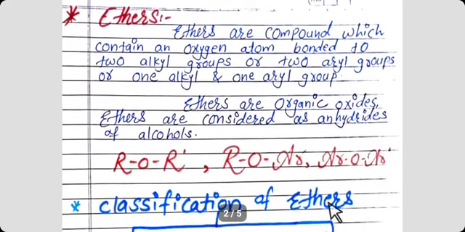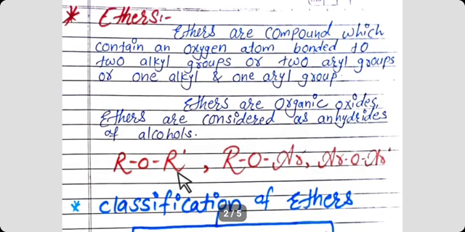Students, ethers are the compounds which contain an oxygen atom, and this oxygen atom is bonded to either two alkyl groups or two aryl groups, or one alkyl and one aryl group. Actually, ethers are organic oxides. Ethers are considered as anhydrides of alcohols.